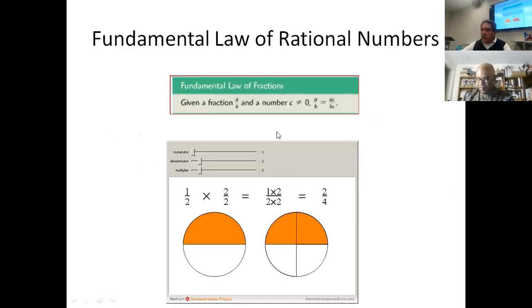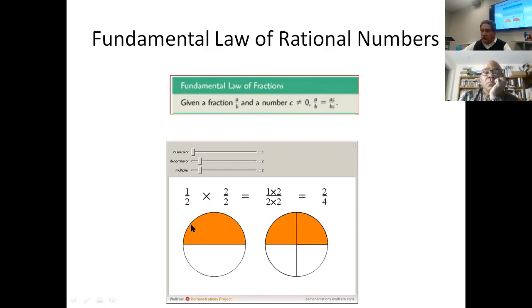Fundamental laws of rational numbers. If we have A divided by B, given a number C not equal to 0, if you multiply the numerator and the denominator of a fraction by a number, it makes no change in the value.